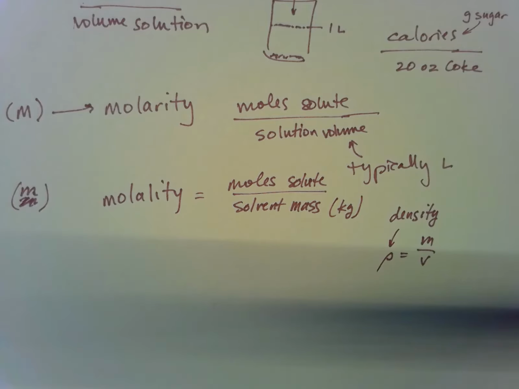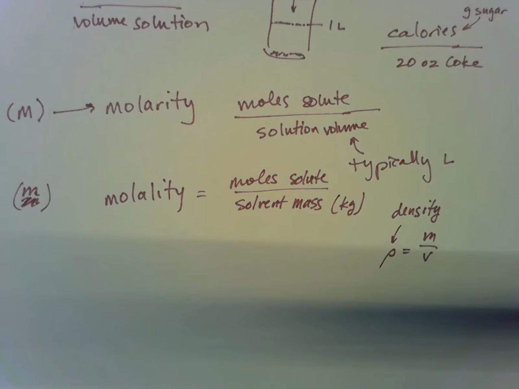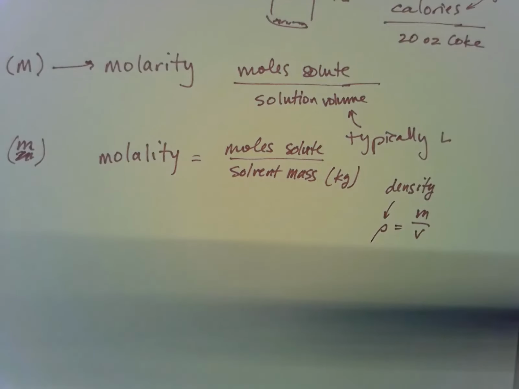Water is pretty close to always the same density, but it does change a little bit with temperature, so we always need to be aware of that. You could be given a density of any fluid, and you could convert that into a solution volume.